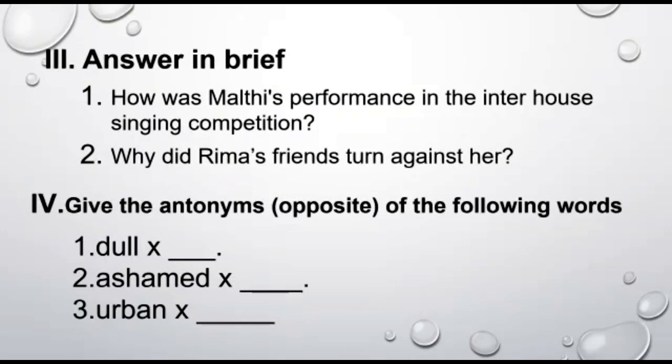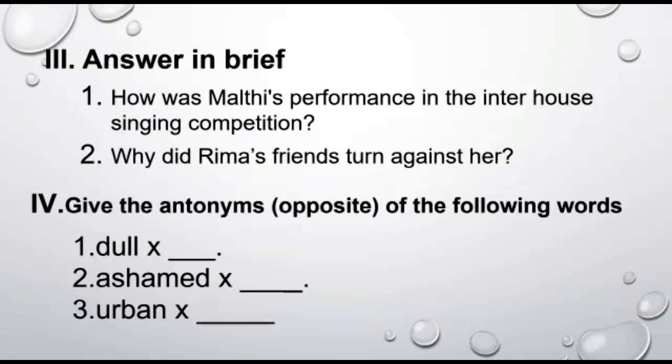Answer in brief. 1. How was Malti's performance in the inter-school singing competition? I explained how Malti performed and why all started clapping when they saw her performance. So you can write the answer from there.